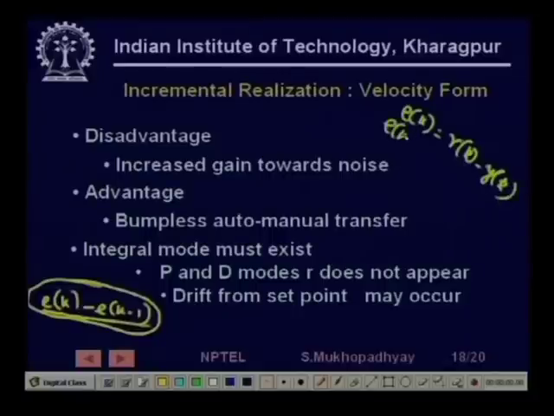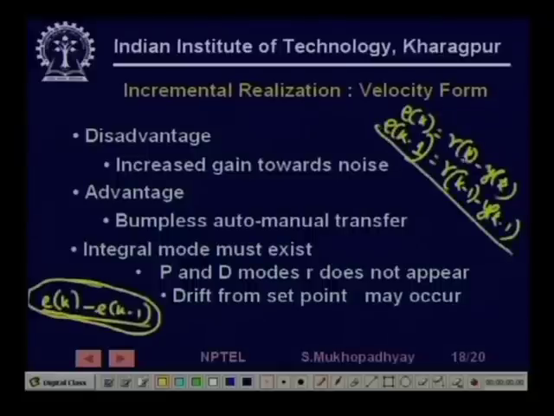Similarly, Ek minus 1 is equal to Rk minus 1 minus Yk minus 1. So, if you subtract, and if R is remaining constant, then these will cancel, and you will simply get Yk minus 1 minus Yk.